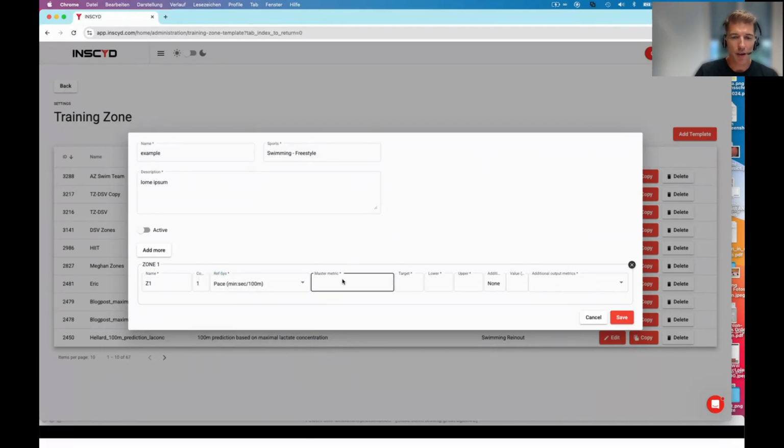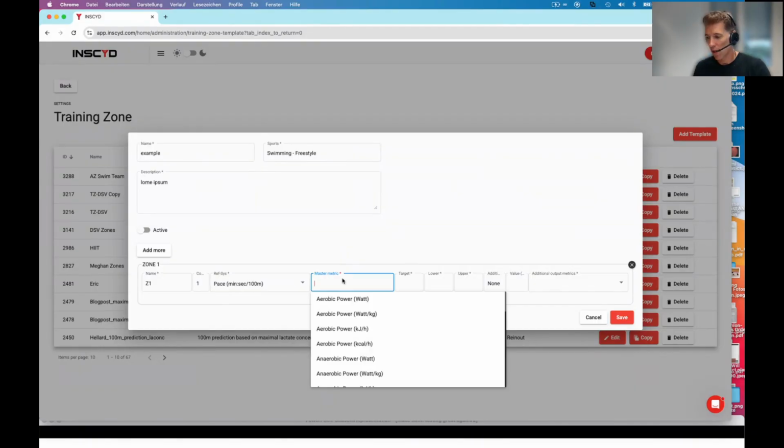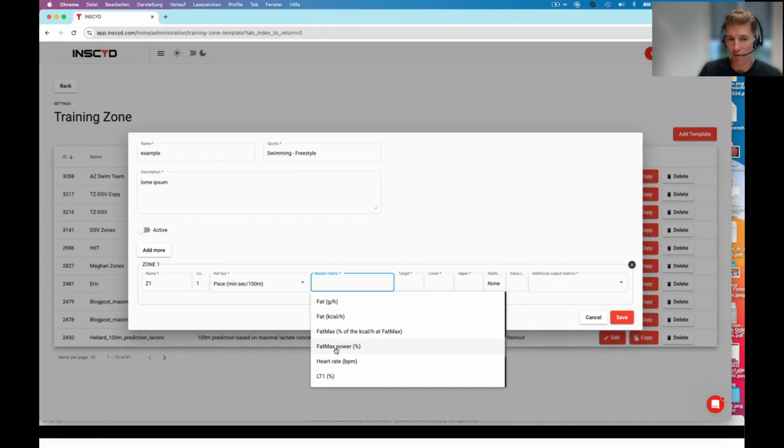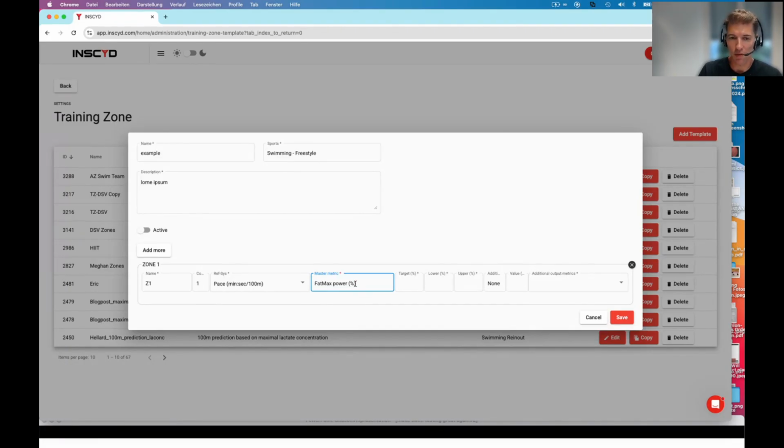Okay, now you can define any physiological KPI, any benchmark, any physiological system that is of interest to you, that you actually want to trigger, that you want to address in this training zone. So for example, in more endurance sports, things that could be, I want to stay at the intensity which elicits the highest fat combustion rate, fat max zone, right?